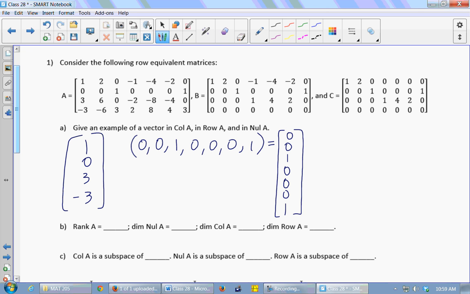All right, how about a vector in the null space of A? Any vector that when you multiply A by it, you get the 0 vector. There's one vector that's always in the null space, all zeros. How big is it? What are its dimensions? 7. Yeah. This is a specific case, not n.